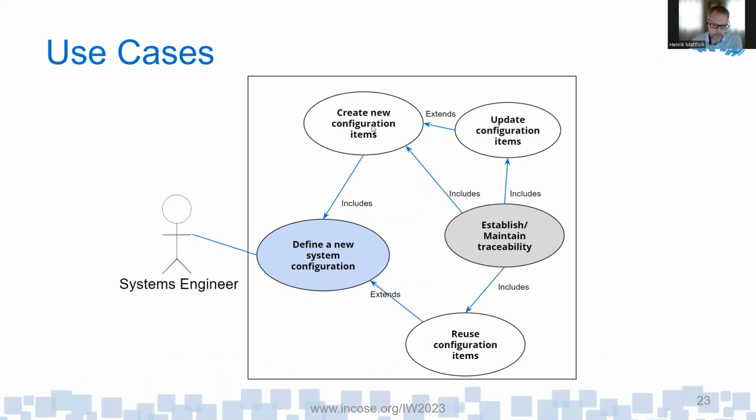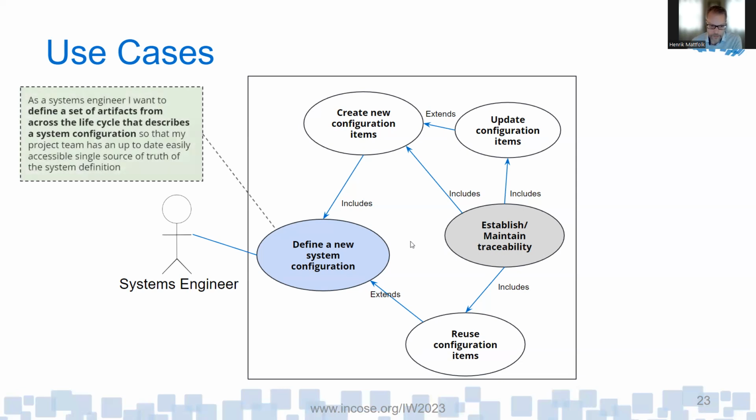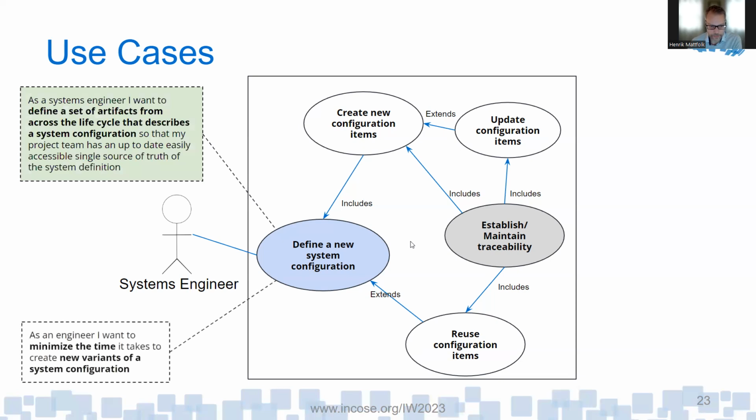And whenever we change something related to the configuration items, we get into this use case of establish or maintain traceability that can get pretty tricky, especially when we change a lot of stuff. And engineers here are kind of careful with their time. They don't have a ton of time available.